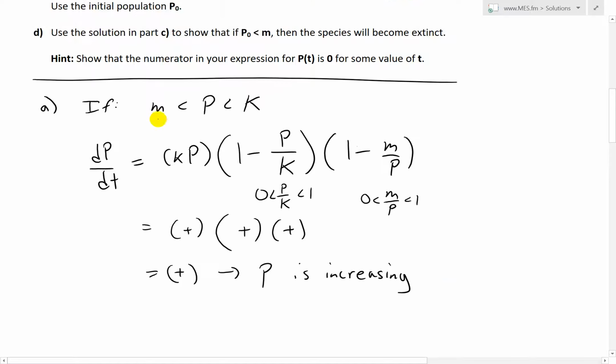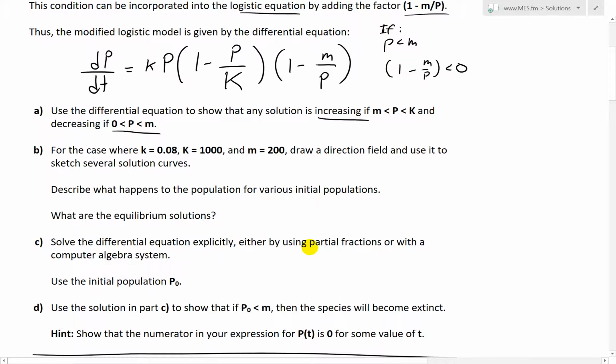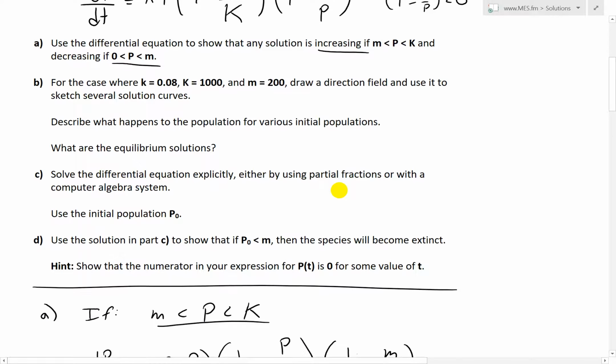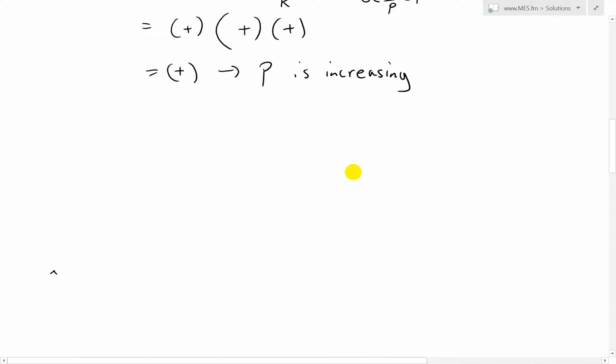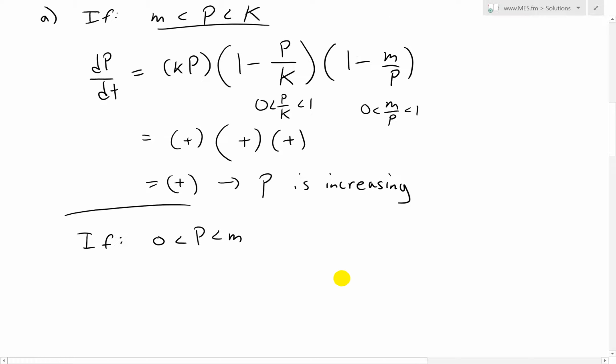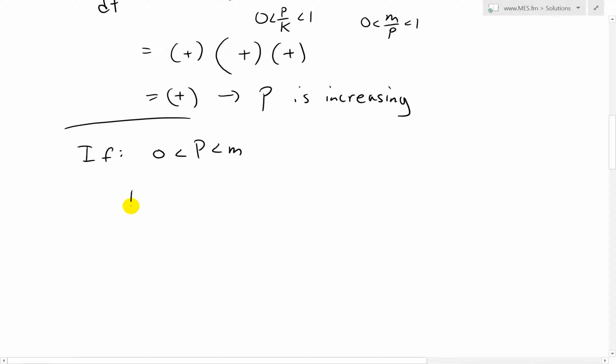And now let's look at the second case of part A, which is show that it's decreasing if p is greater than 0 but less than m. So let's erase this. So what we have here, if 0 less than p less than m, and I'll write that down, dp over dt.